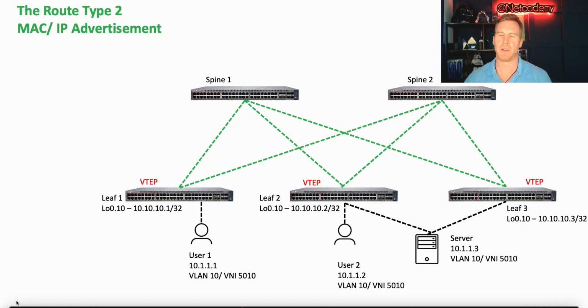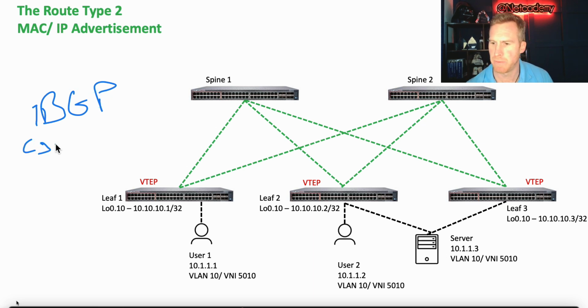So let's start off with route type 2, or the MAC IP advertisement. As I said, this is really the bread and butter. This is the foundation on which EVPN was built. Now, if you've watched the previous videos that I've done on EVPN and VXLAN, but more so EVPN in this case, you will know that EVPN is actually based on iBGP, or Internal Border Gateway Protocol.